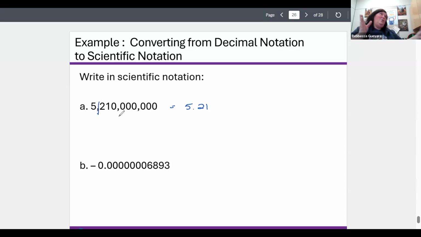So it's a number between 1 and 10 times 10 to the power of 1, 2, 3, 4, 5, 6, 7, 8, 9. Here, we got a negative, we're going to put that decimal right here, negative 6.893. And to get here, that decimal had to move 1, 2, 3, 4, 5, 6, 7, 8. So times 10 to the negative 8, because in this case we got a small number, a decimal.